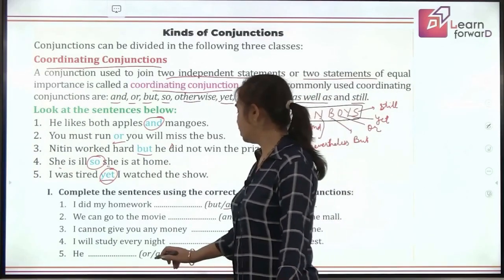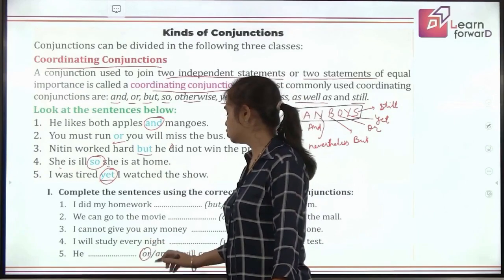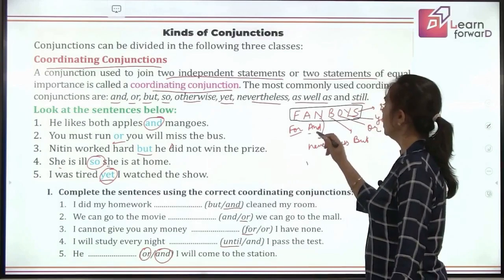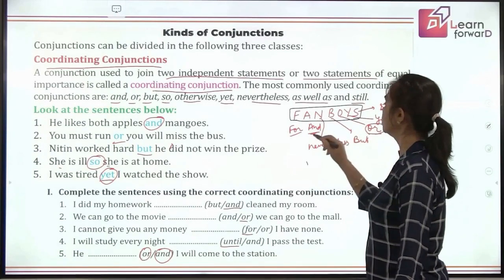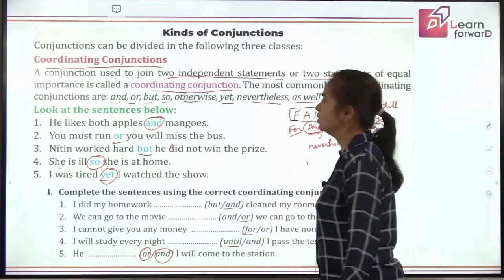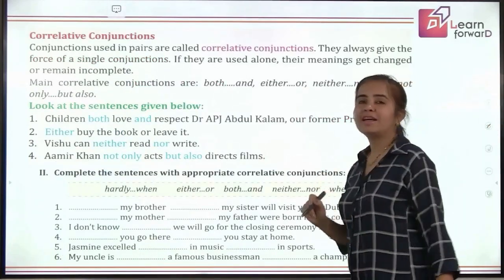He and I will come to the station. He or I will come to the station. So here you are making a choice and here you are saying both will come. And see here, and is also a coordinating conjunction, or is also a coordinating conjunction. So just go for any of these two, right? So I hope fanboys has made your task easier.